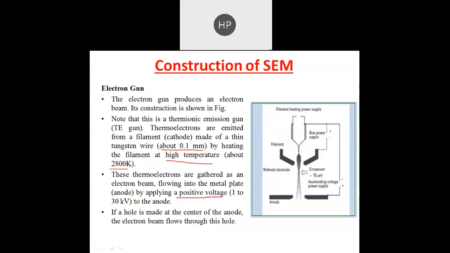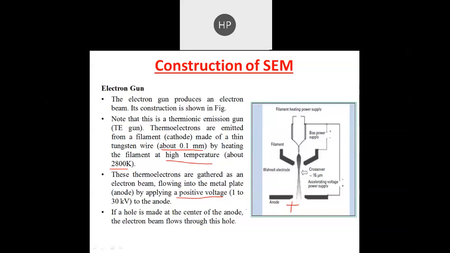That anode has a positive voltage applied, up to 1 to 30 kilovolts, so that the thermoelectrons generated as a beam start flowing in that particular direction.